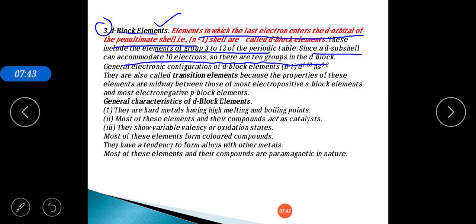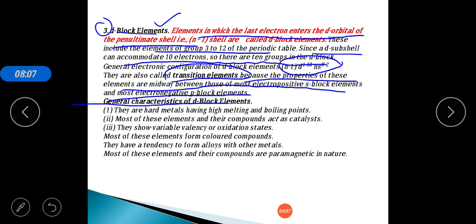The general electronic configuration of d block elements is (n-1)d1-10 ns0-2. These are called the transition elements because the properties of these elements are midway between those of the most electropositive s block elements and the most electronegative p block elements.